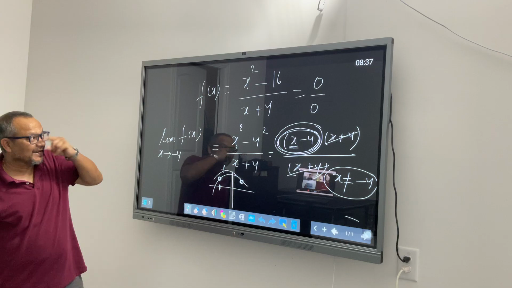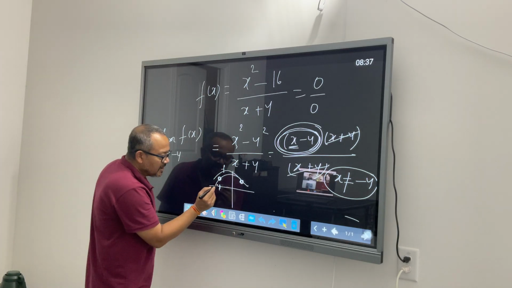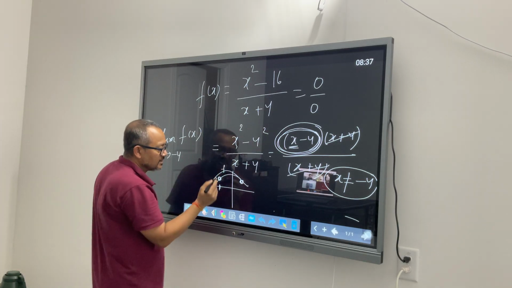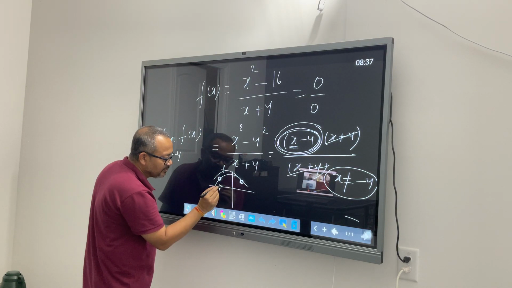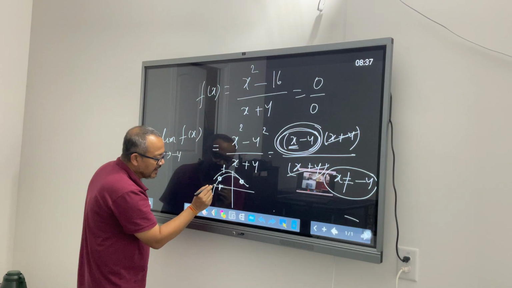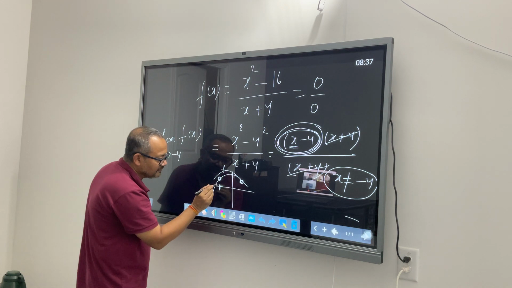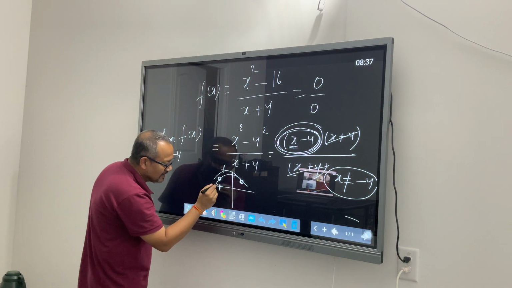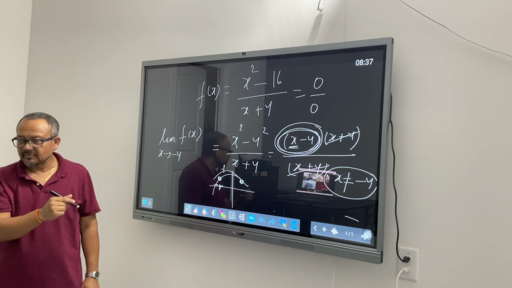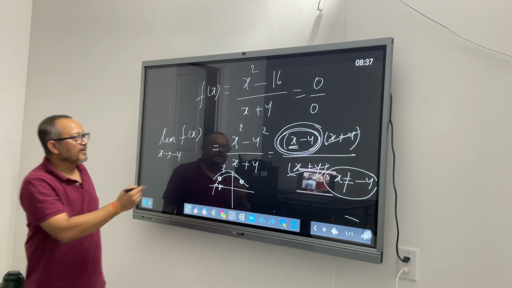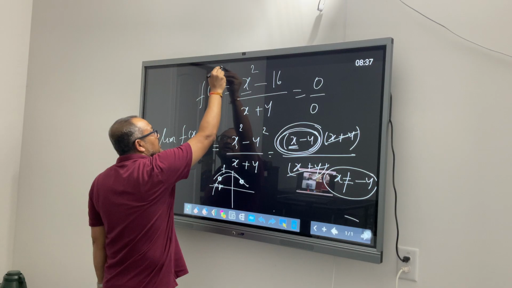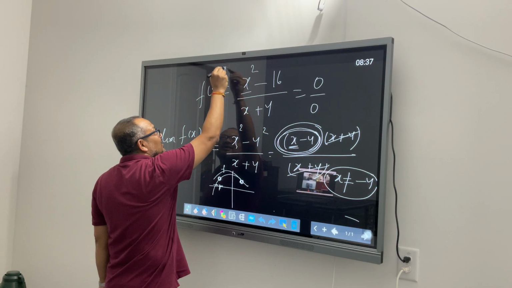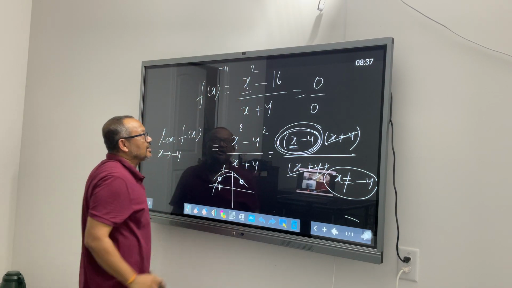So the only thing we have to check is what happens when x is a little bit less than, and a little bit more than, minus 4. Let's say I put x equal to minus 4.1, just trying my luck.